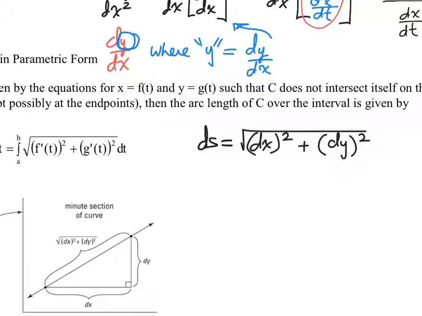So what I'm going to do is divide both sides by dt to manufacture a ds/dt, because eventually I want to be able to get just ds, not ds/dt, so I'm going to have to integrate.